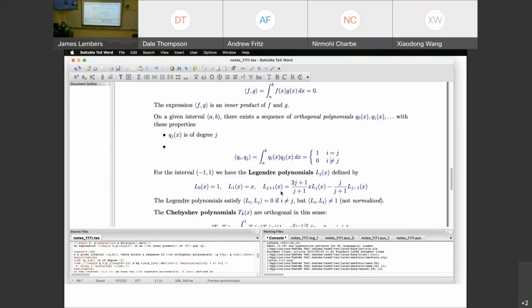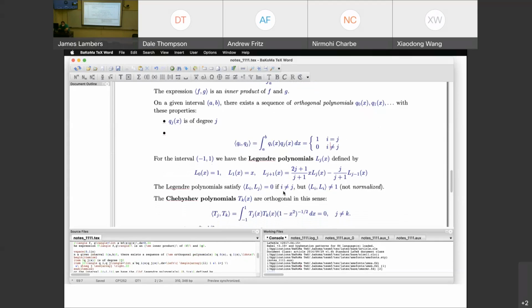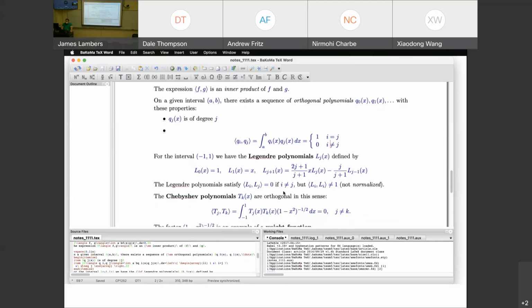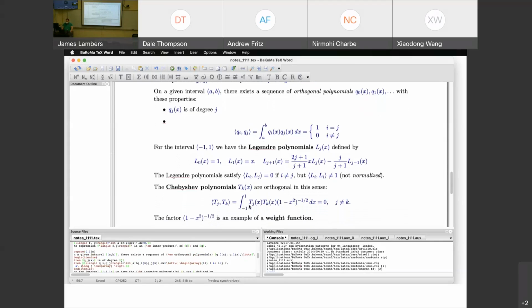All right. Now, you may recall that there's another family of polynomials we saw some time ago that also satisfy a 3-term recurrence relation: Chebyshev polynomials. They are also orthogonal, but in a different sense. Still on the interval -1 to 1, but here, when you multiply them, you also have to include this weight function.